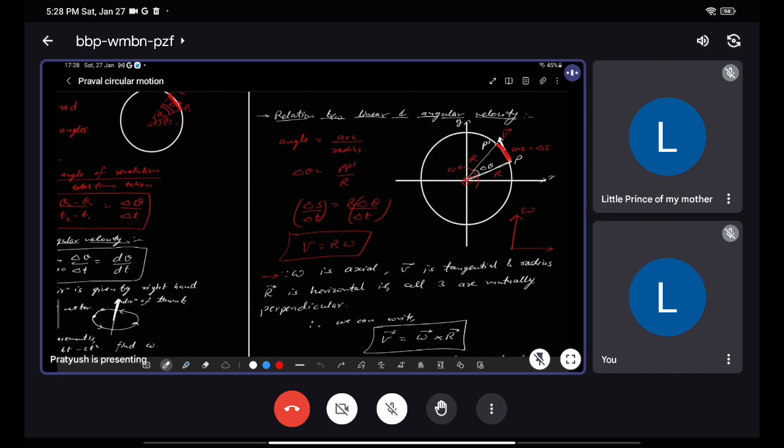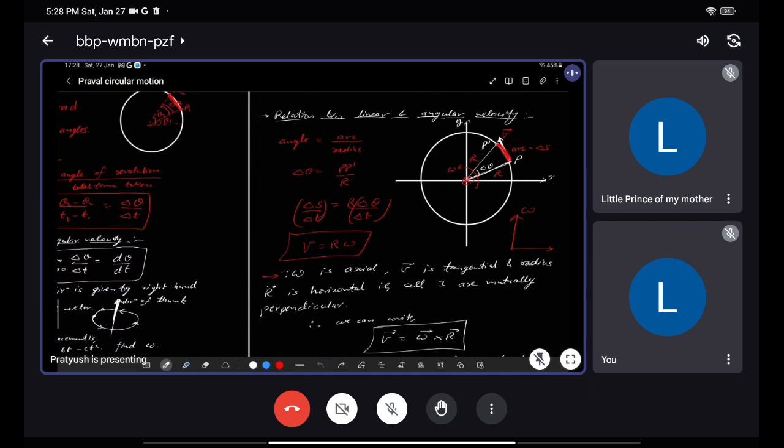And what sentence did we write? We wrote that angular velocity is axial, and the axial component we are getting from two mutually perpendicular components. Radius is perpendicular to the tangential velocity.